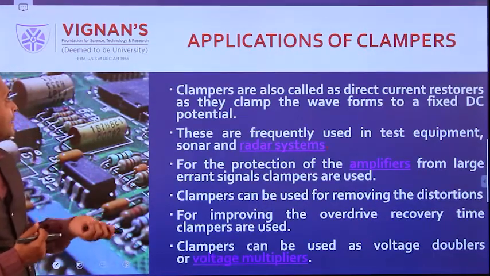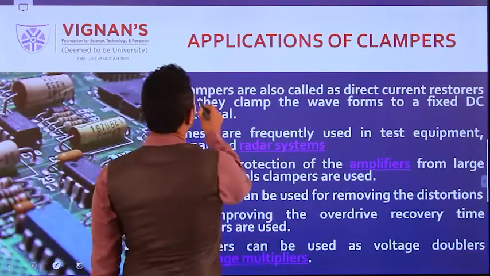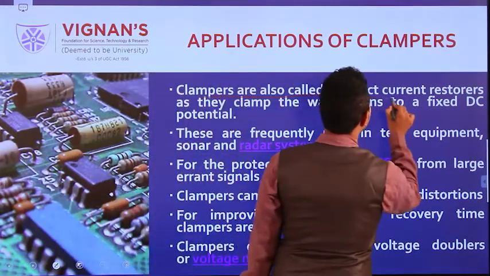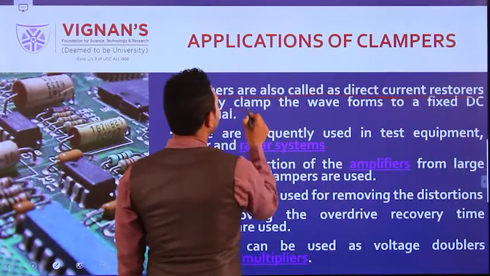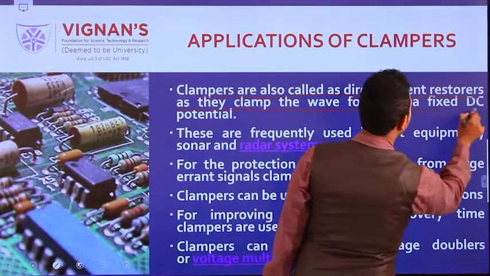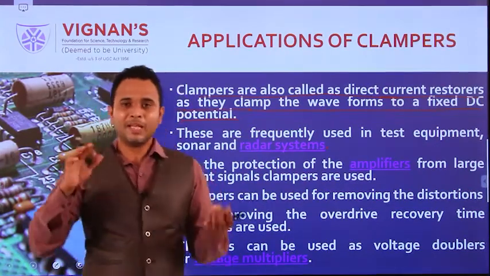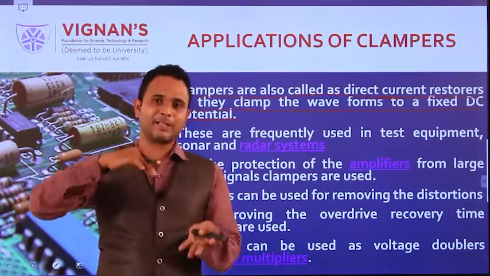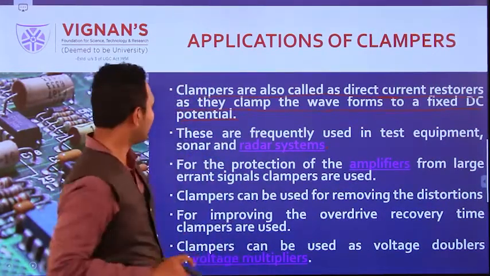What are the applications of the clampers? The first application is that clampers are also called direct current restorers, as they clamp the waveform to a fixed DC potential. If sometimes the fixed point varies, we can adjust it along with the clampers.